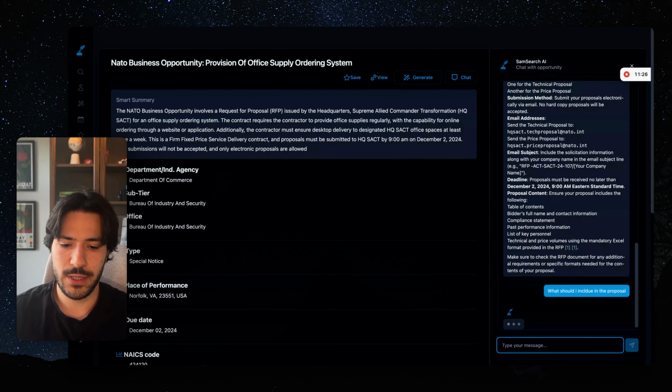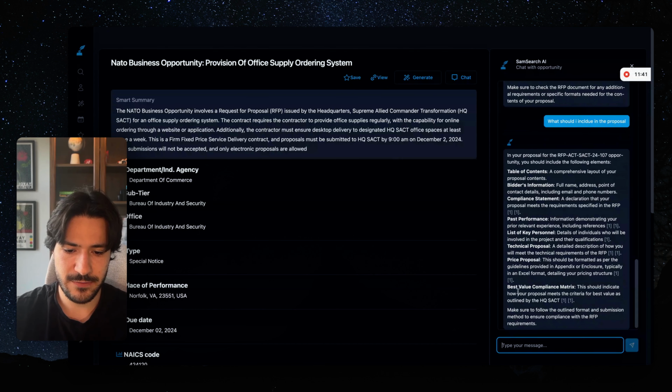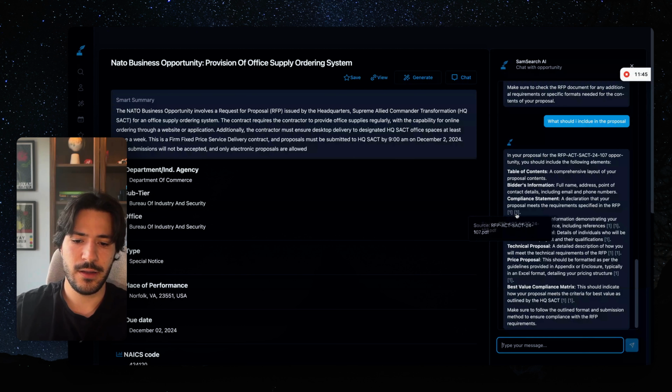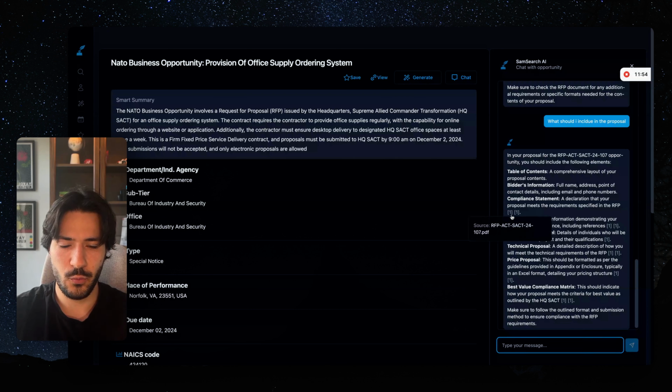So I want to know what key things have to be there in the proposal. Past performances, technical proposal, best value compliance matrix, and also we are given the source, so where it's getting this information from. In case you have multiple documents, it's important to know where it's getting this information from, and that it's not making this stuff up. So that's good.